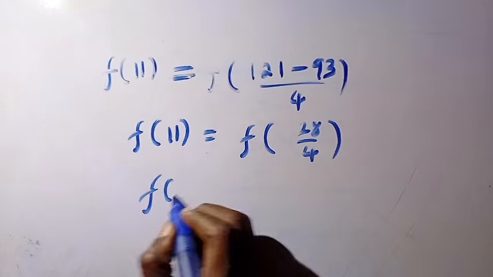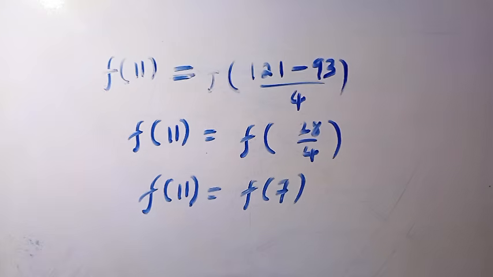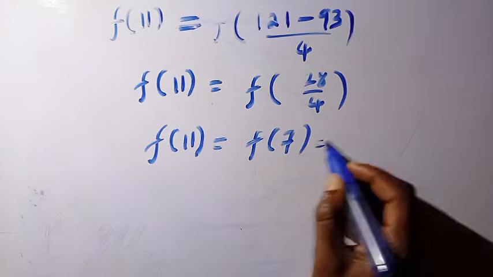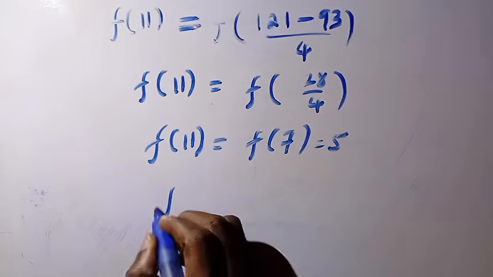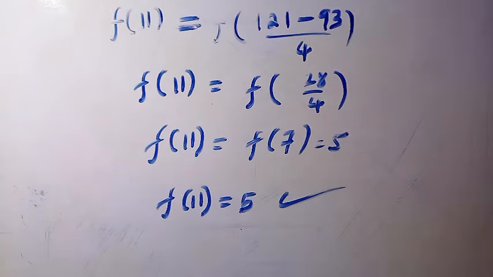And we have f of 11 equals f of 7. Both of them are the same, but don't forget that f of 7 is given as 5. So therefore, f of 11 equals 5. This is how we get the solution for f of 11.